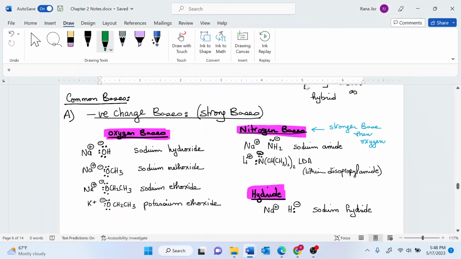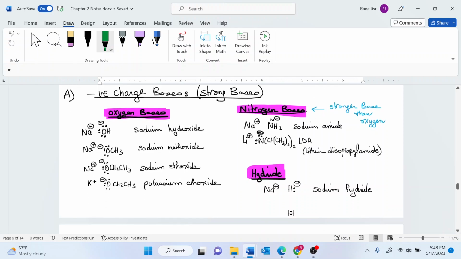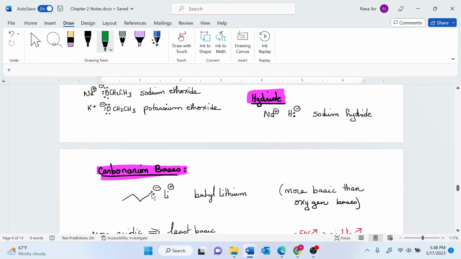There are two types of common bases: negative charge bases and neutral bases. The negative charge bases are always strong bases. There are some exceptions we're going to go over, but in general, negative charge bases are strong bases. The negative charge can be on the oxygen, on the nitrogen, on the hydrogen, and on the carbon.